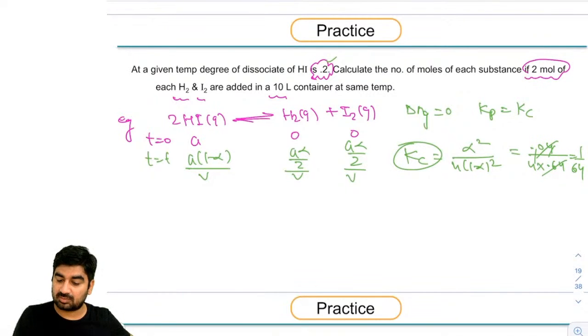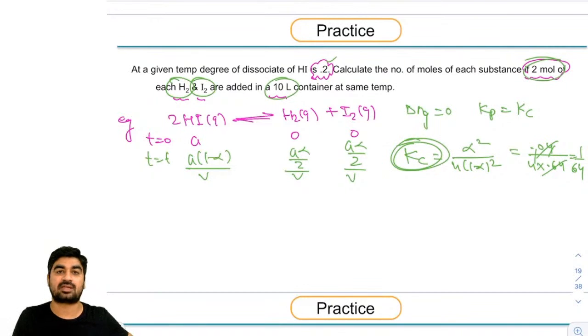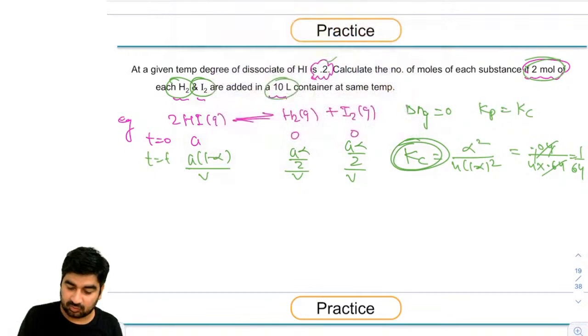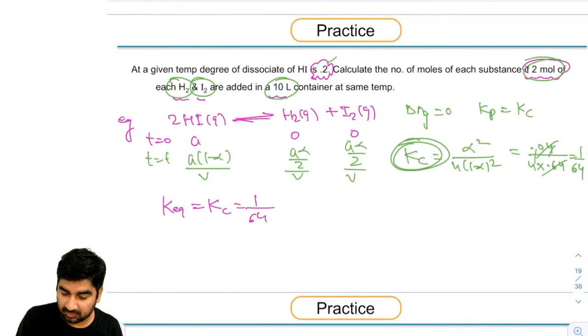Now it says calculate the number of moles of each substance if 2 moles of H2 and I2 are added in 10 liter. Now I know the value of K equilibrium. So K equilibrium will be equal to Kc, 1 by 64.